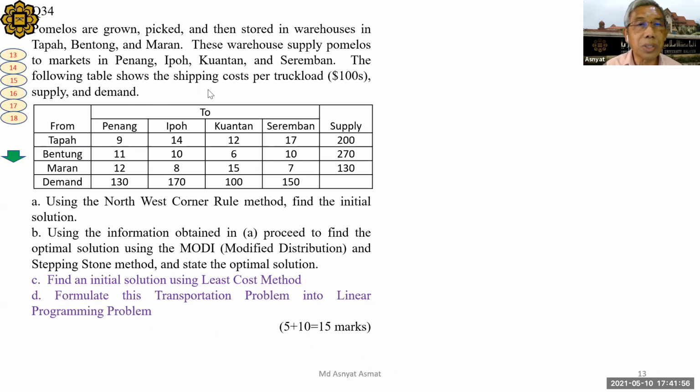The following table shows the shipping cost per truck load in hundreds, supply, and demand. Use the northwest corner rule method to find the initial solution. Then using the information obtained in A, proceed to find the optimal solution using MODI and stepping stone method. Okay, we do up to B only. C and D we did in a similar example.